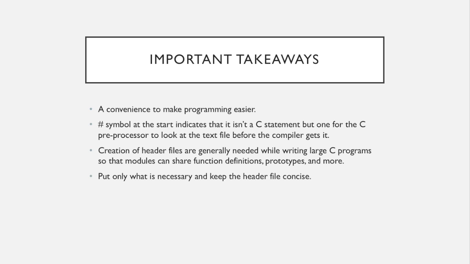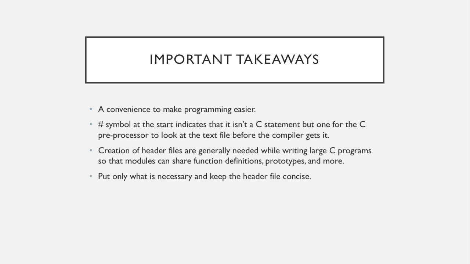When you do take on a big task or a big project, you will be writing multiple C programs, and header files are there to simplify and help you reference all of your functions within one file. It is also important to put only what is necessary and keep the header file concise. In the live demonstration or program that I ran with you, there were functions within that header file.